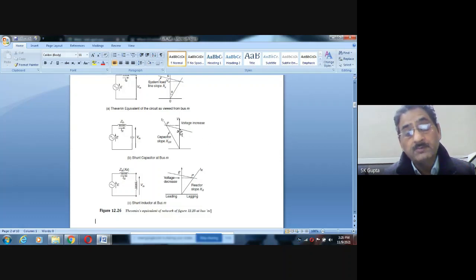Now, suppose the system voltage E is here, like this, and this is the voltage which we want to maintain. If the system voltage is higher, then inductive can be connected. If the system voltage is less, then capacitive can be connected, and finally you can maintain the voltage at the SVC bus.